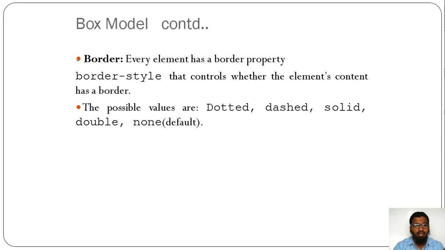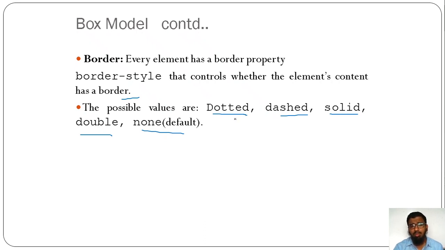See, every element has a border property. Border style controls whether the element's content has a border. The possible values are dotted, dashed, solid, double or none. Every border has some style.